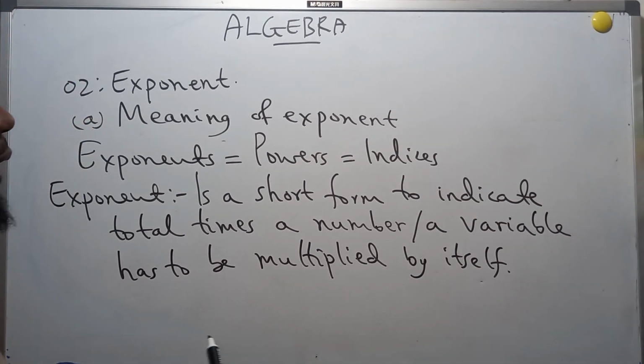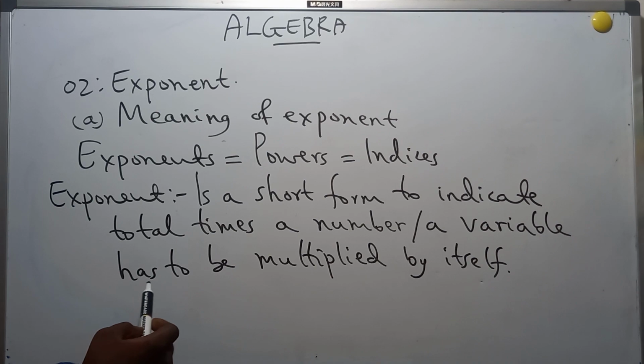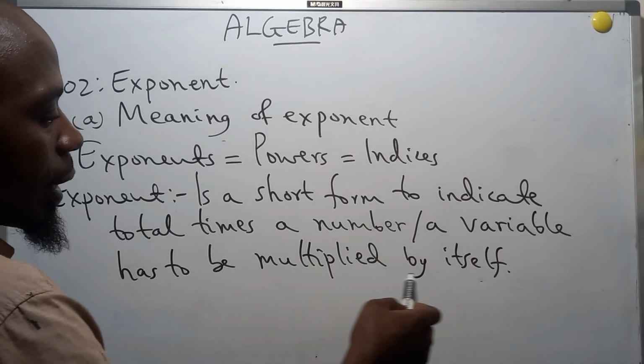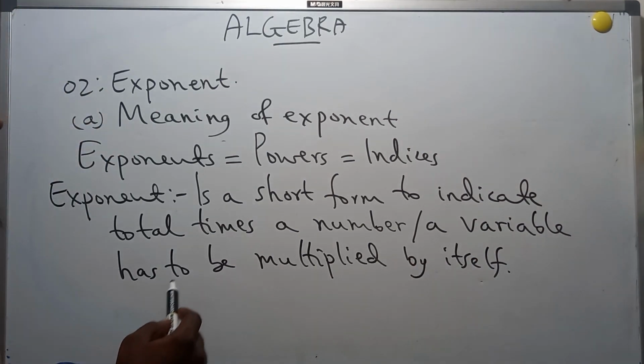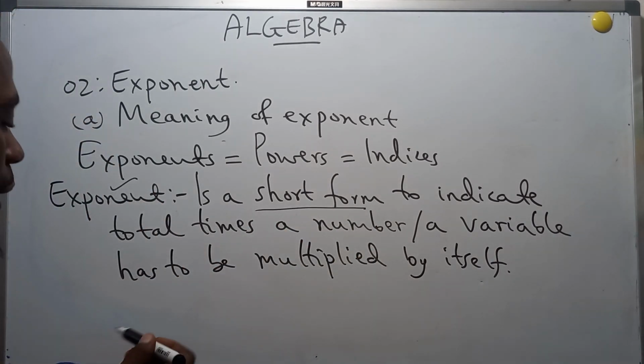This definition tells us a number or a variable which is being multiplied by itself many times can be expressed in a short form with help of exponent.